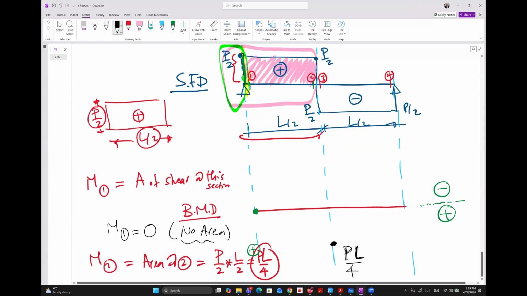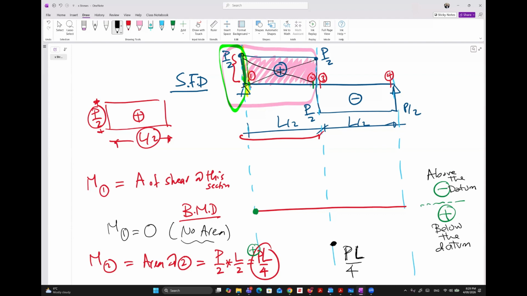The value comes from the area of this rectangle. The direction, where I put it, is based on this. If it is positive, below the datum. If it is negative, above the datum. Is that okay?